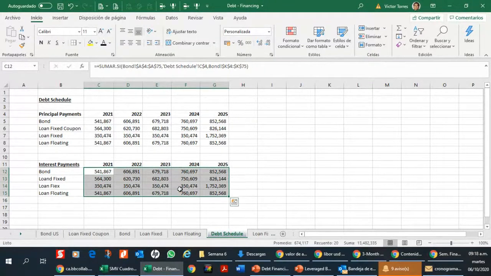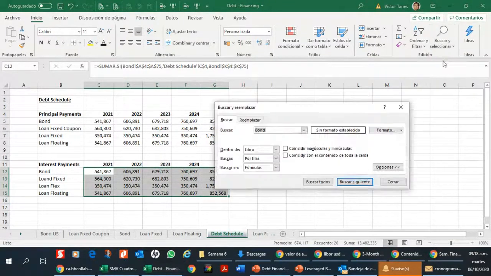So this is fairly easy actually. We're going to replace all the K's with all the J's.